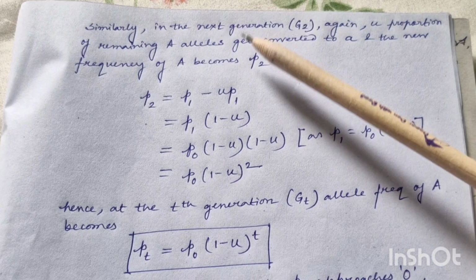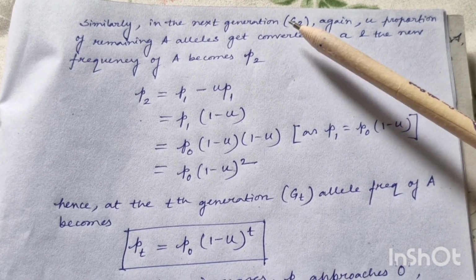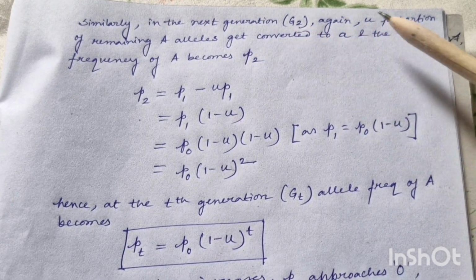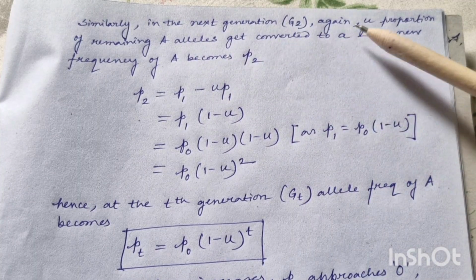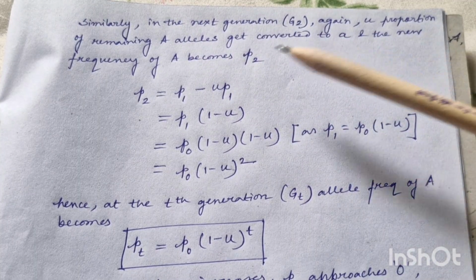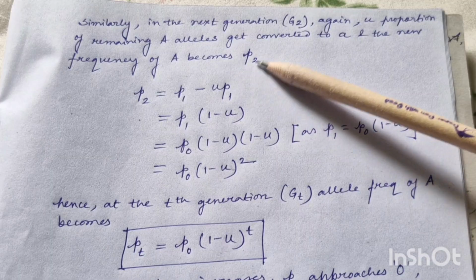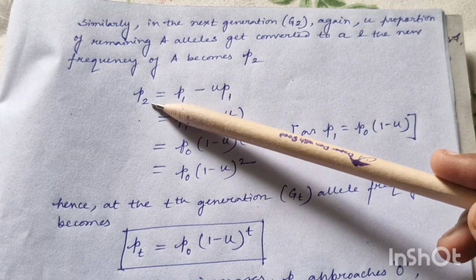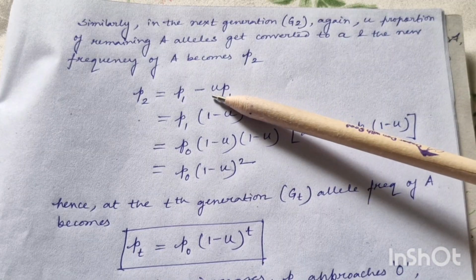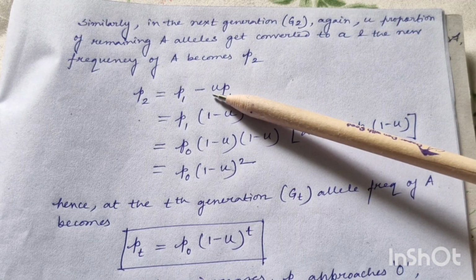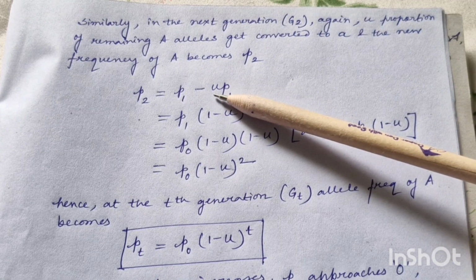Okay. Now similarly, if we go for the G2 generation, then we can see that again U proportion of the remaining capital A allele is getting converted to small a, and thus the new frequency of capital A in G2 generation becomes P2. Hence P2 equal to P1 minus UP1. Okay, because U proportion of the remaining capital A allele in the G1 generation is getting mutated to small a allele.